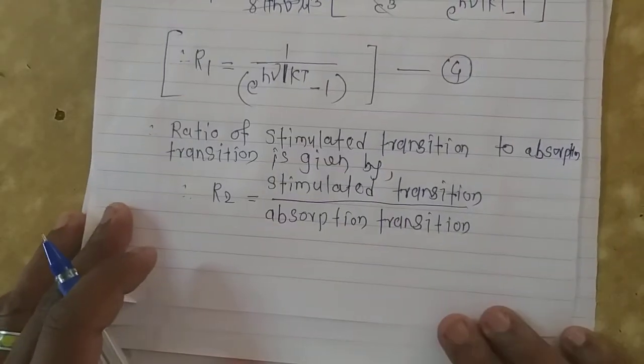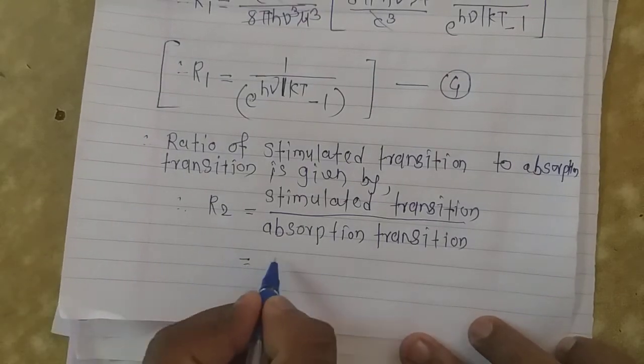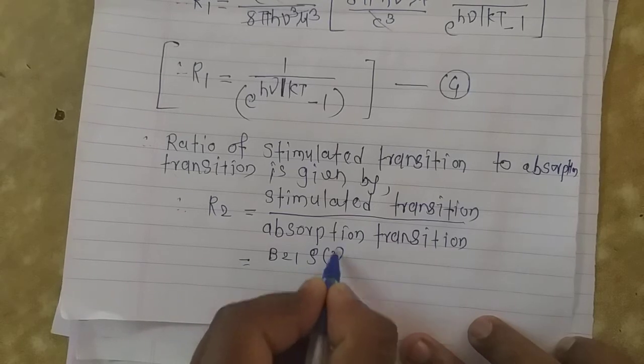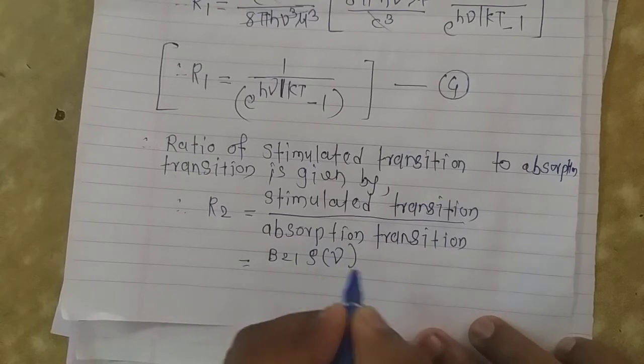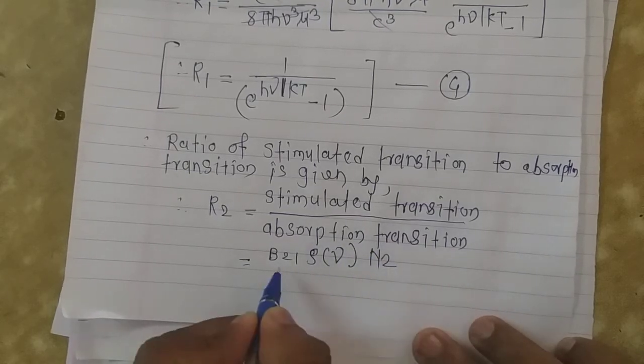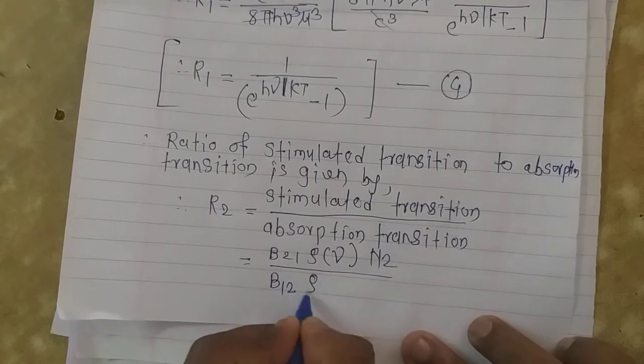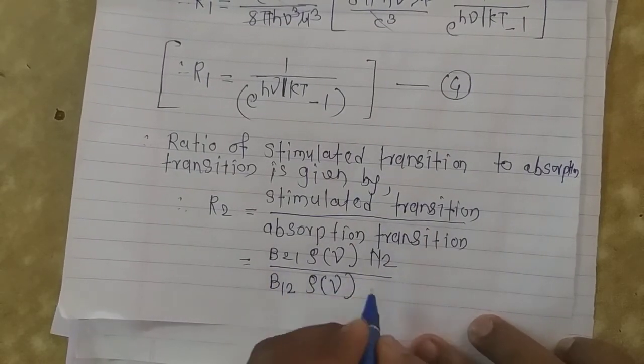Then the rate of the stimulated transition is B21 rho nu N2 and the absorption transition is B12 rho nu N1.